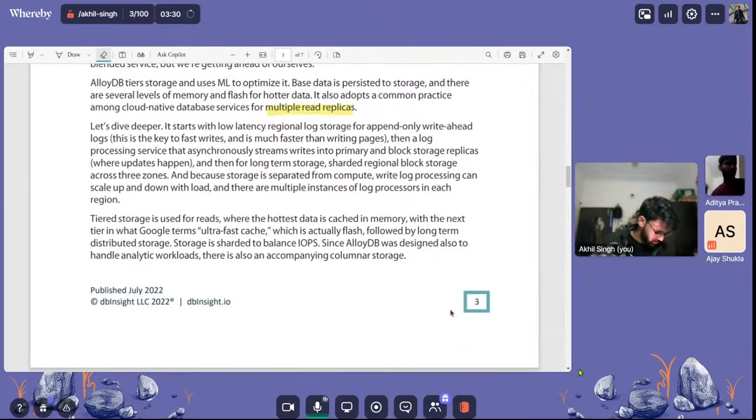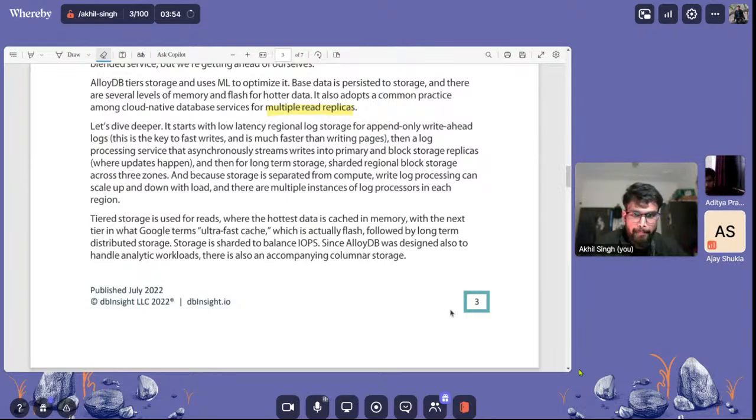So let's deep dive. Let's start with low latency regional log storage for append-only write-ahead logs. This is the key to fast commits, and it's much faster than writing pages. Then a log processing service that asynchronously streams writes into primary and block storage replicas.